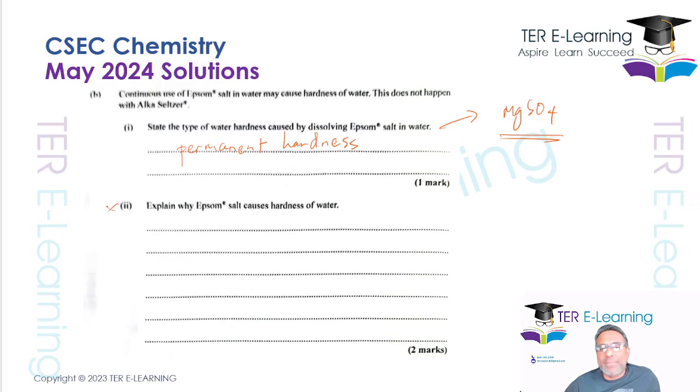Now, explain why Epsom salt causes hardness of water, right? So all we need to say here, I'm going to give us plenty of lines here, right? The Mg2+, right, in the magnesium sulfate, right, causes the permanent hardness.